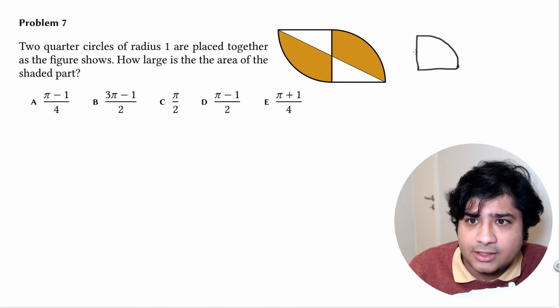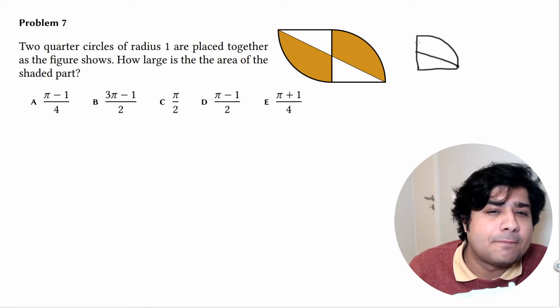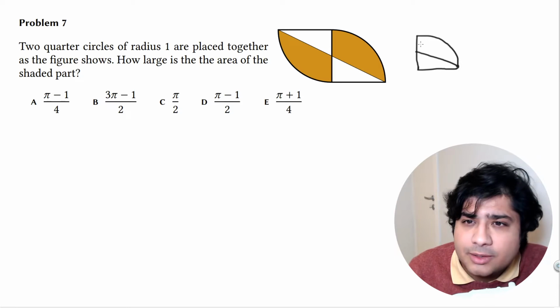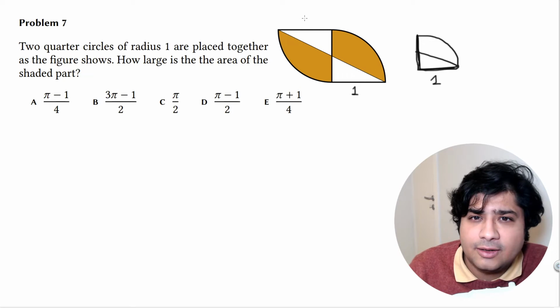And of course, here there's a little diagonal thing from this tip to this tip. Radius 1 means that this length right here, which is the same as this length, is the radius, which is 1. So that's going to be a 1 here. And this is 1. And of course, this line is also 1.